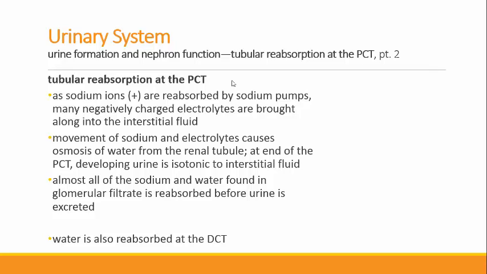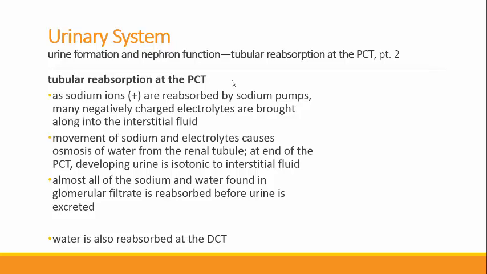And as we move sodium and other electrolytes across the renal tubule, that creates an osmotic gradient that also draws water across the proximal convoluted tubule wall, so that by the time the filtrate is leaving the proximal convoluted tubule, the tubular fluid, the developing urine, is isotonic.